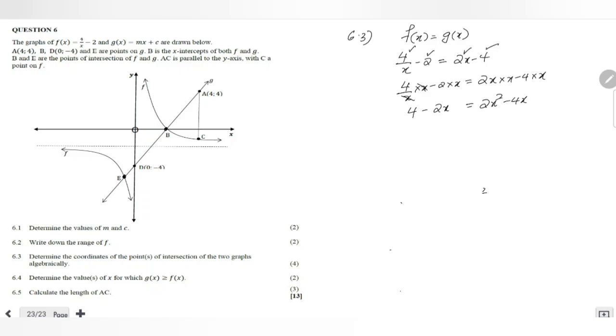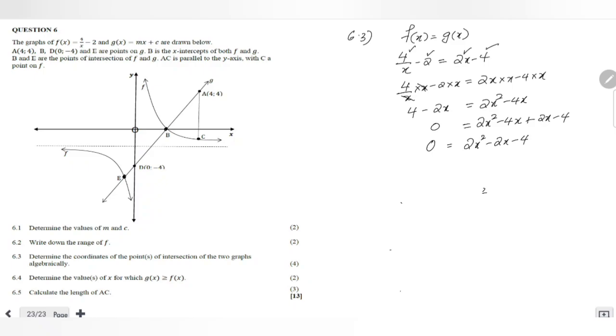Then arrange everything one side. So I am going to arrange them on the right hand side, because x square is positive at the right hand side. So 2x square minus 4x, then minus 2x goes other side, plus 2x, then 4 goes other side, minus 4. That is 0 is equal to 2x square minus 2x minus 4.